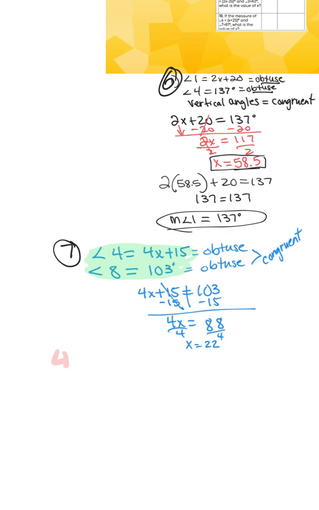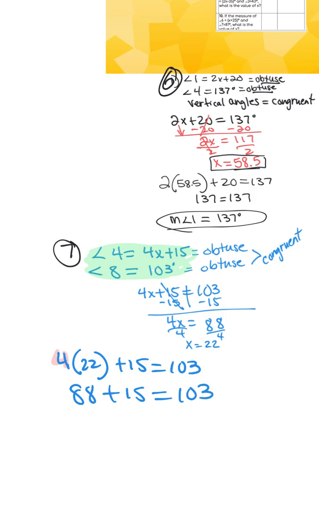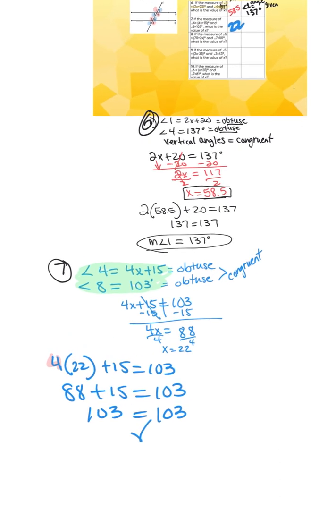So 4 times 22, because I'm replacing x, plus 15 equals 103. So this is 88 plus 15 equals 103. Do it in your calculator. 103 equals 103. So I know that my value for x is correct. That's how you plug it in and check it.